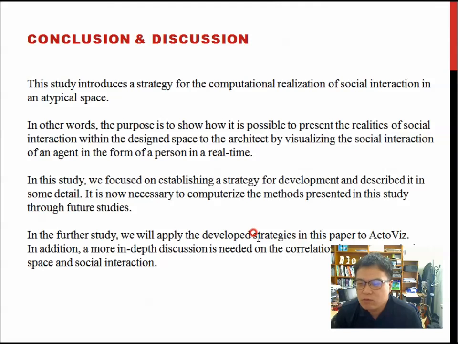In this study, we focus on the established strategy for development, described in some detail. It is not yet necessary to computerize the methods presented in this study; that is for future study.